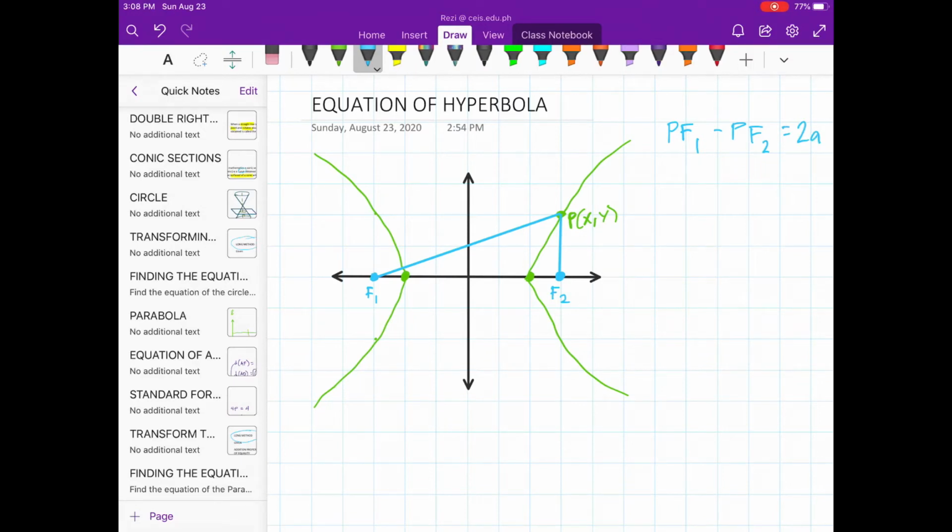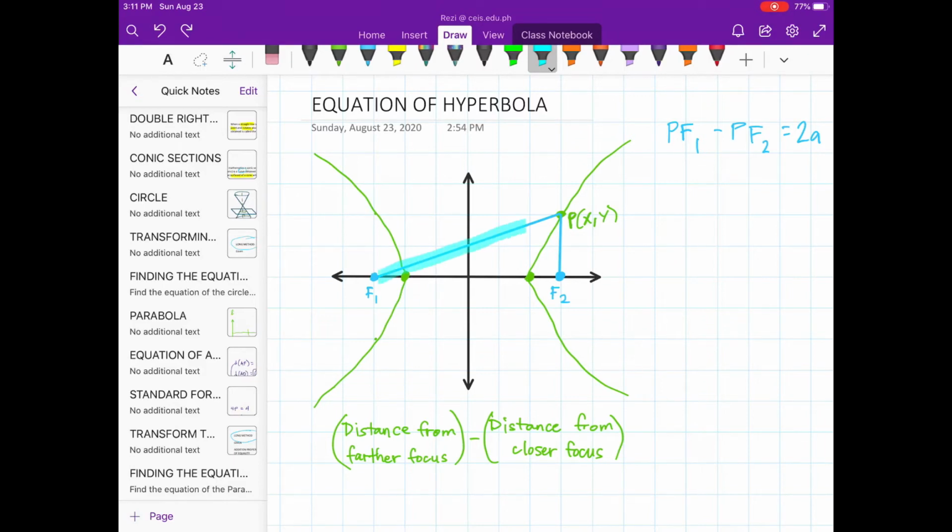For the points on the hyperbola, the difference of the distances from the foci is constant. This constant difference is equal to the length of the transverse axis, that is 2a. Here, by difference, we mean the absolute value of the difference: the distance of the point from the farther focus minus its distance from the closer focus.